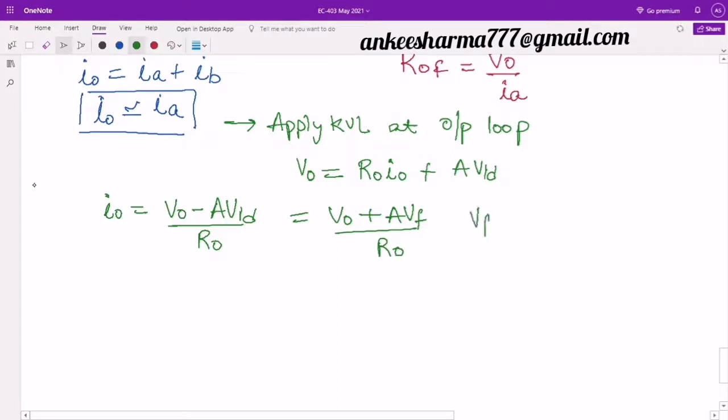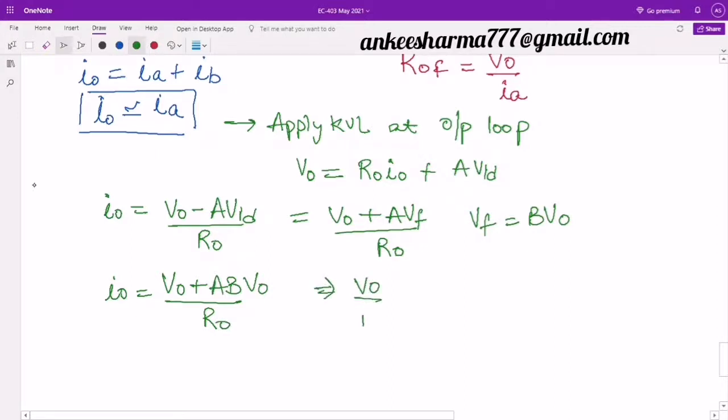Also, can I write VF is equal to B times V naught, because B is VF by V naught? So I naught will be equal to V naught plus AB V naught divided by R naught, because in place of VF I have put B V naught. By rearranging these terms, V naught by I naught is equal to R naught upon 1 plus AB, which is nothing but the output resistance with feedback ROF.